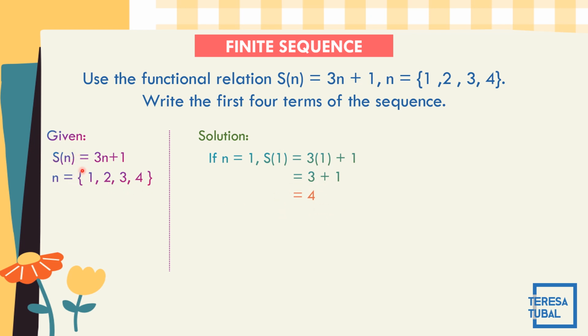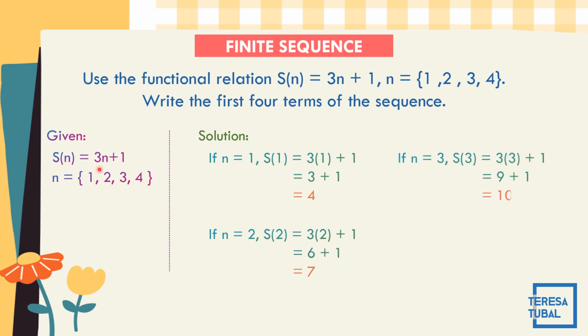Second, if the value of n is equal to 2, S of 2 is equal to 3 times 2 plus 1. 3 times 2 is 6, plus 1, so the answer is 7. If n is equal to 3, S of 3 is equal to 3 times 3 plus 1. 3 times 3 is 9, plus 1, the answer is 10.